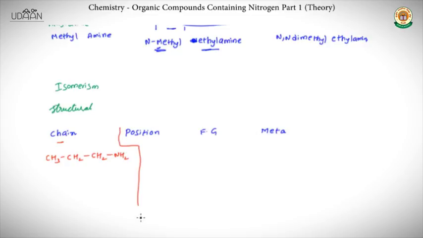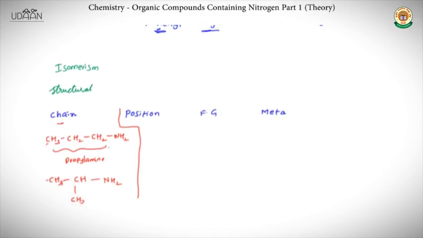As you can see here, this is propylamine. Now for the same molecular formula, we can also have a structure like CH3CH(CH3)NH2. As you can see, the difference between these two compounds is the chain between them. So these are chain isomers.